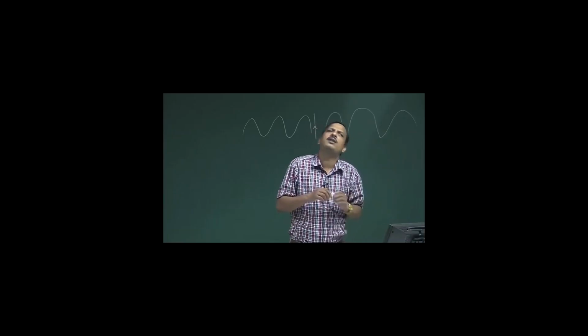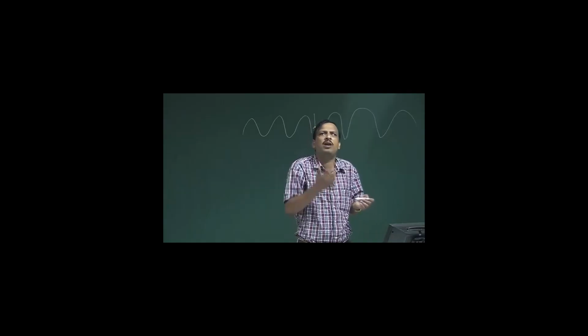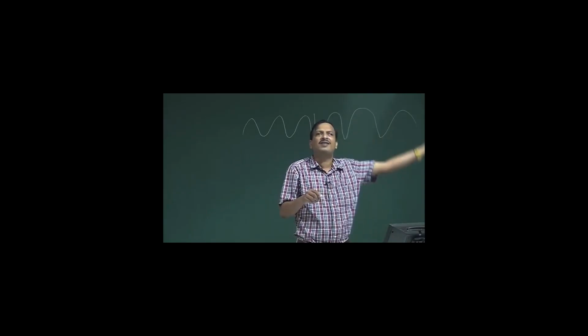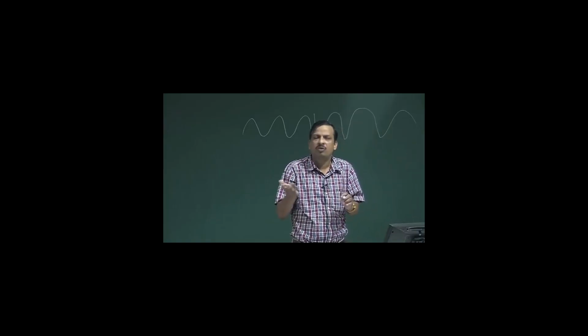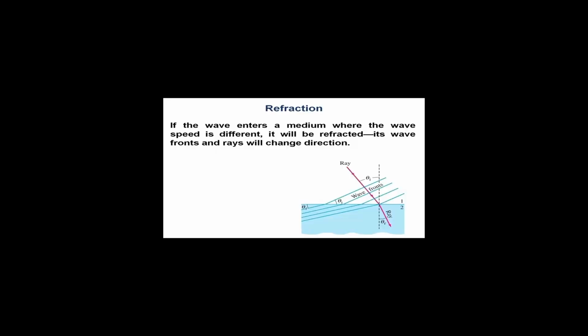What should the wall thickness be? How should I treat the wall so that the sound produced inside the room does not pass to the next room? That is sound transmission, and it will be discussed in detail in this class.